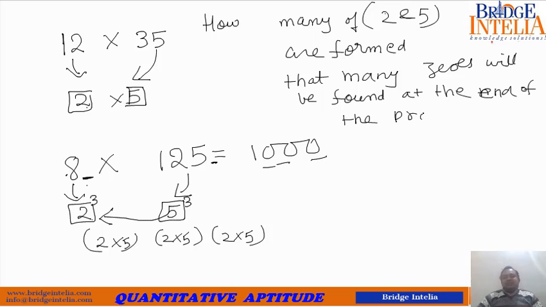So this is the concept. You have to concentrate on seeing how many pairs of a 2 getting multiplied with a 5. So now let's have a look at the solved examples. You will get a better grip on the concept.